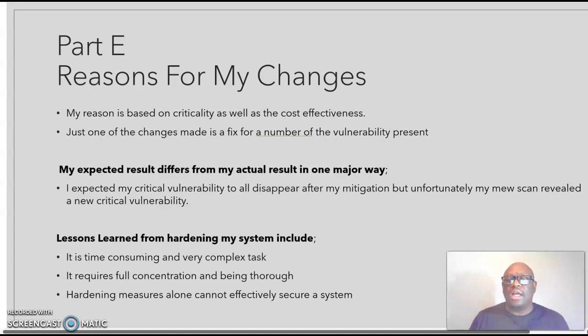But after the scan, although those high ones disappeared, one critical reappeared in my new scan. So that means while those high vulnerabilities disappeared, another critical one appeared in my new scan. So that's one way it differs.